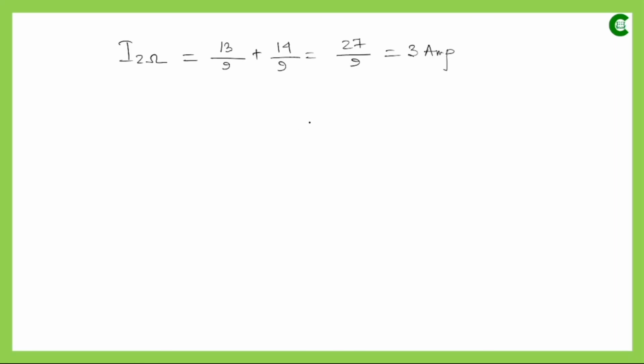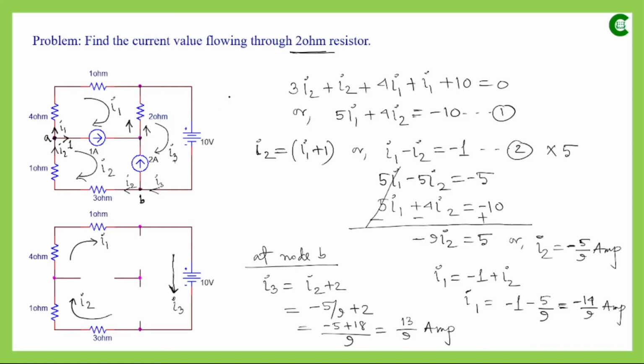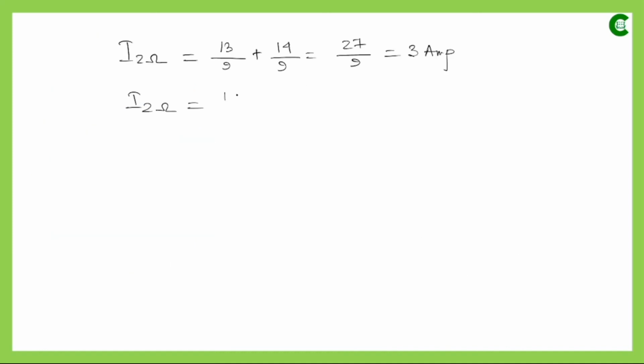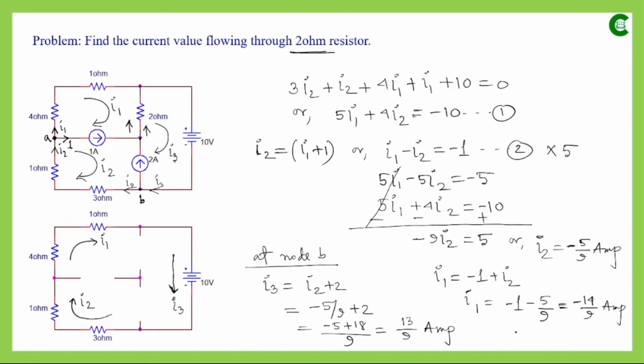This is one way to find it. Or else, we can write that the current through the 2 ohm resistor, with respect to these current directions, is the net current I3 minus I1. I3 is 13 by 9, and I1 itself is negative, minus 14 by 9.